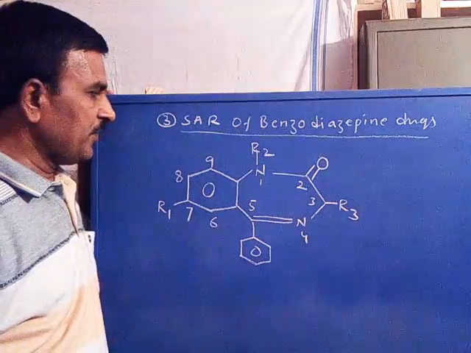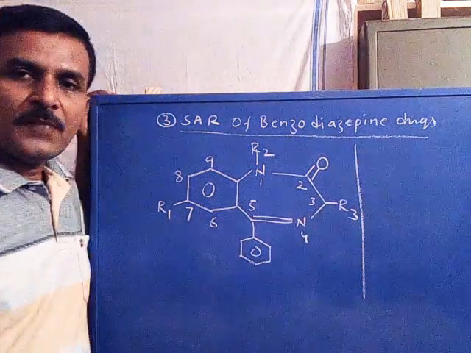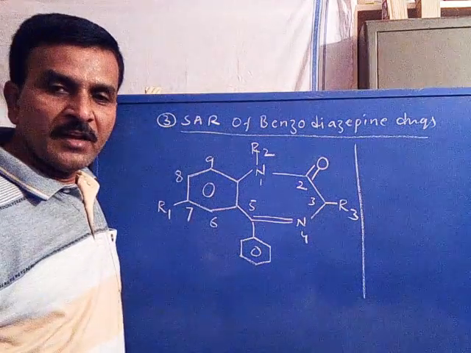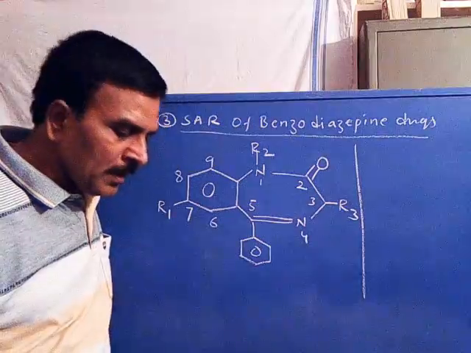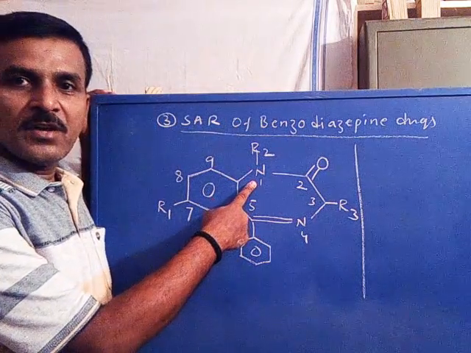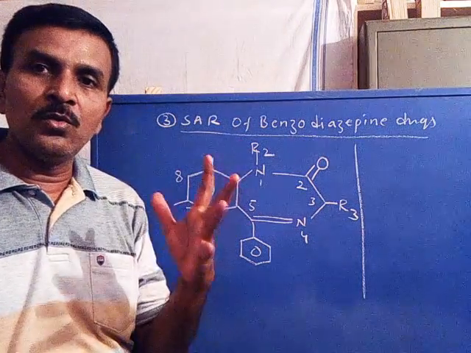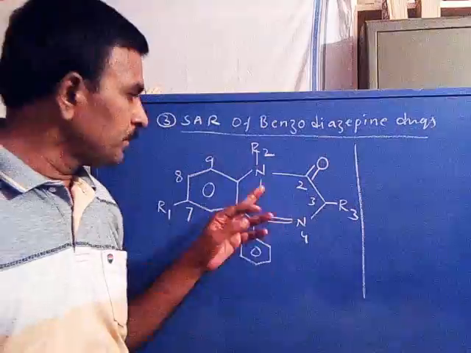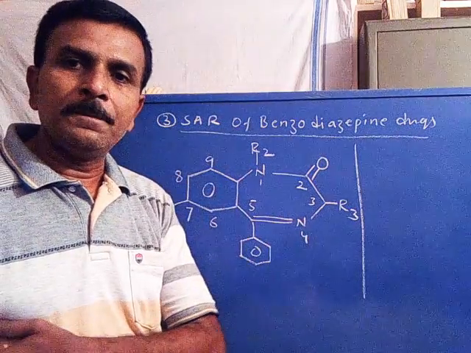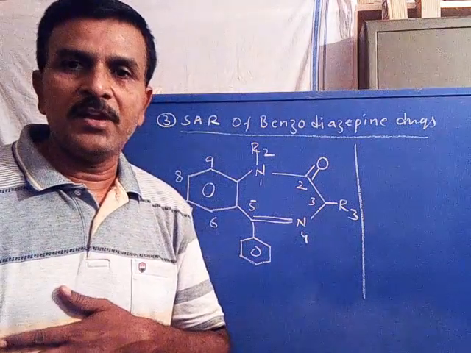Now it's a structure-activity relationship study. It is a simple drug, it has a simple structure. The substitution of the R2 group on N1, that is the first nitrogen, does not change its activity, does not improve its activity.